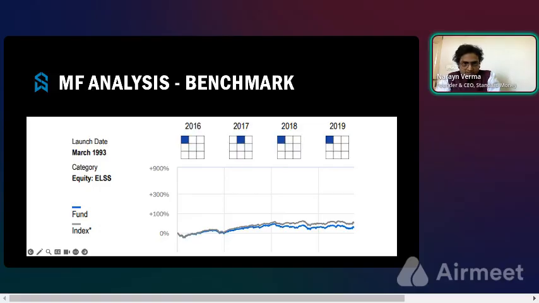Especially in the case of a new fund which has just launched and does not have any performance data, past performance, the benchmark becomes the most important data point to judge the risk factor of the fund.